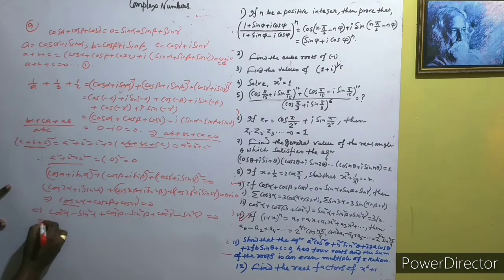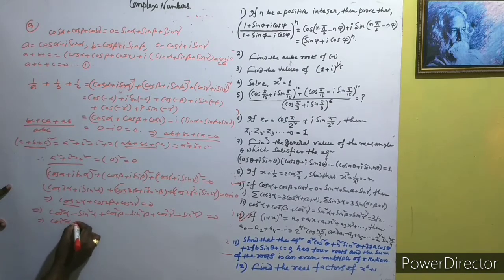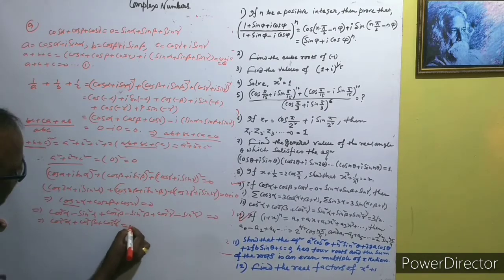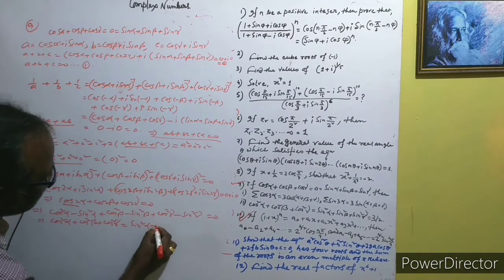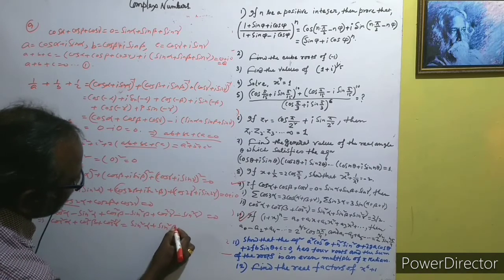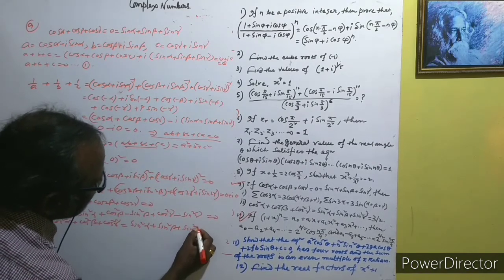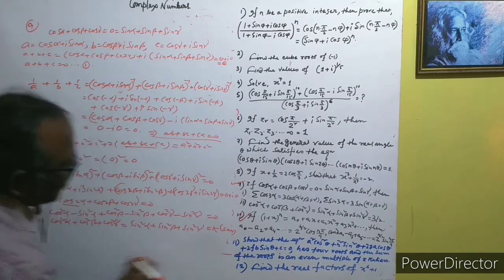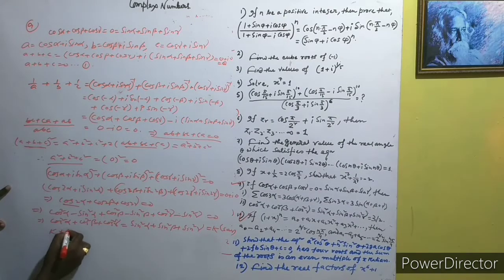So now see, this is your cos square alpha, cos square beta, cos square gamma. So that is your sin square alpha, sin square beta, and here is sin square gamma. Let us assume this is k, and this also is k.